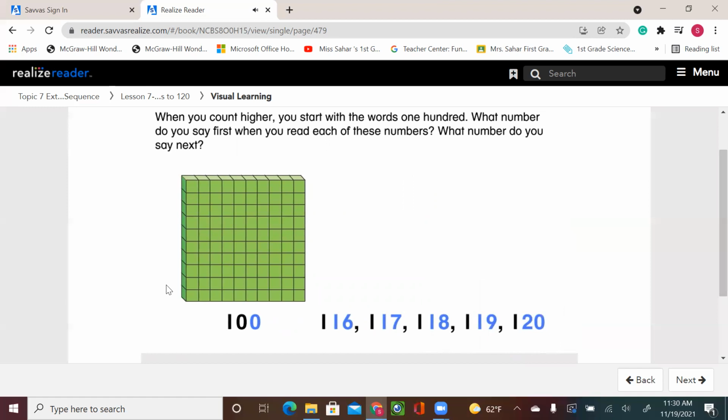What number do you say next? So first, you read the number 100, and then you say the 10. So 116, 117, 118, 119, 120.